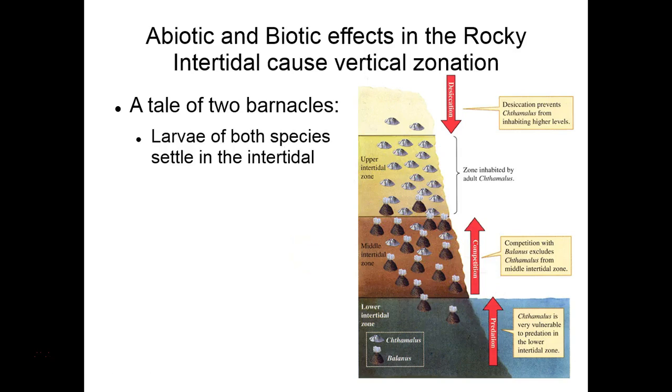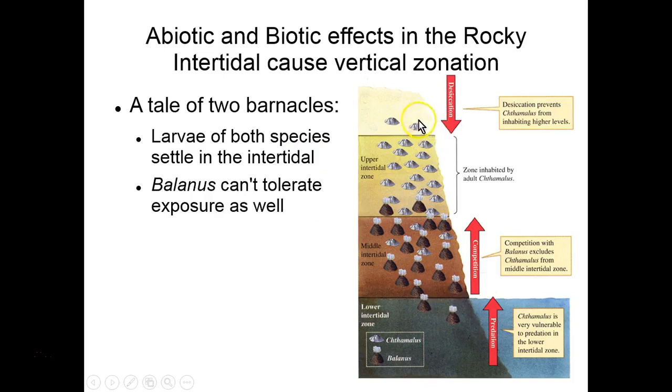First of all, they both reproduce eggs that turn into larvae, and so they have an equal chance of settling on the rocks in the intertidal zone. So both species could settle anywhere in the intertidal zone.